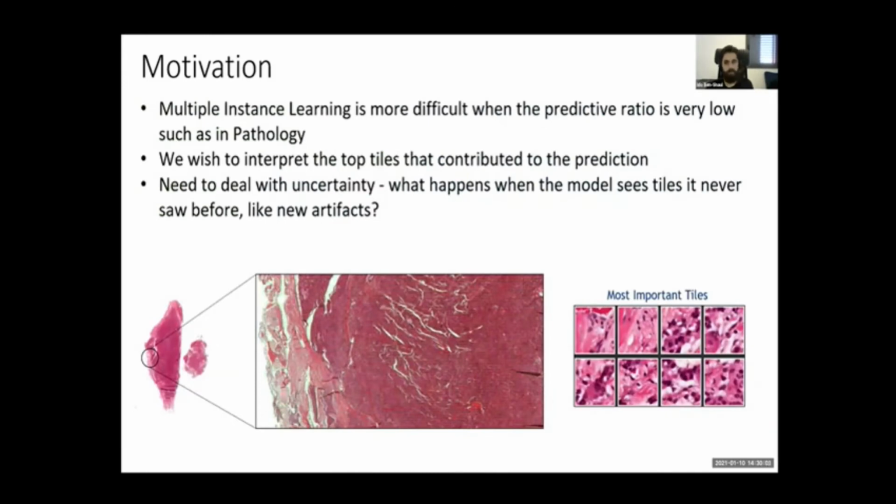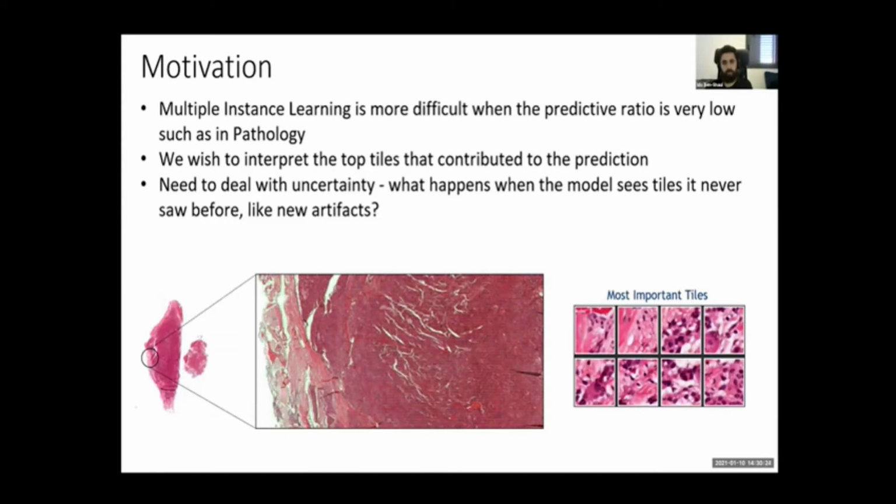The motivation of our algorithm is to solve the following problems. First, when only a few of the instances are predictive of the label. This is quite common in pathology, where we have huge bags, like very big slides, and only a small percentage of the instances are useful for prediction.